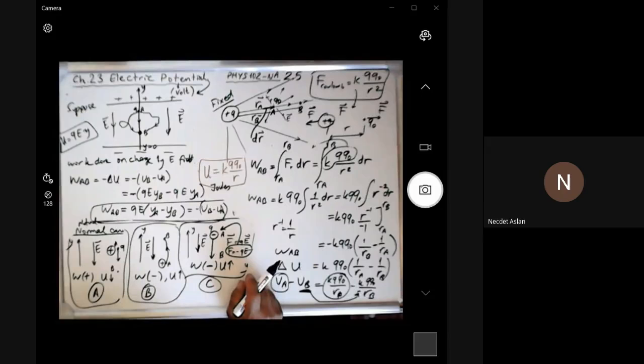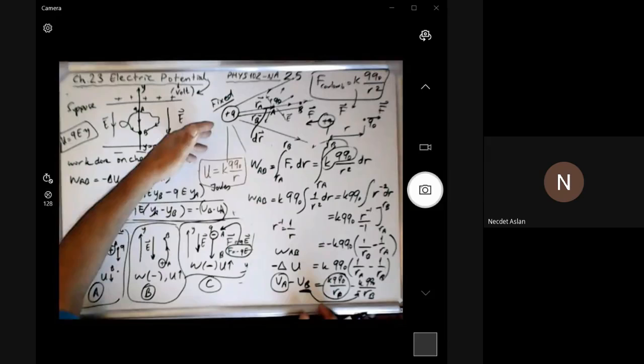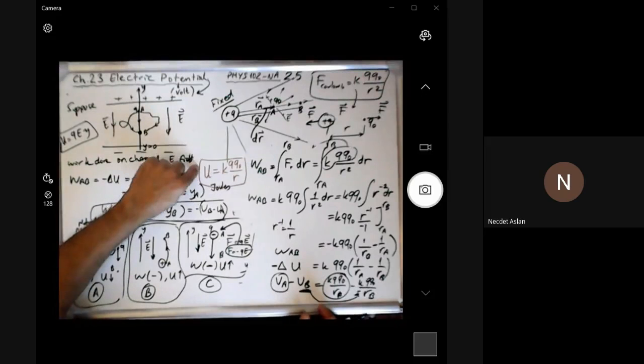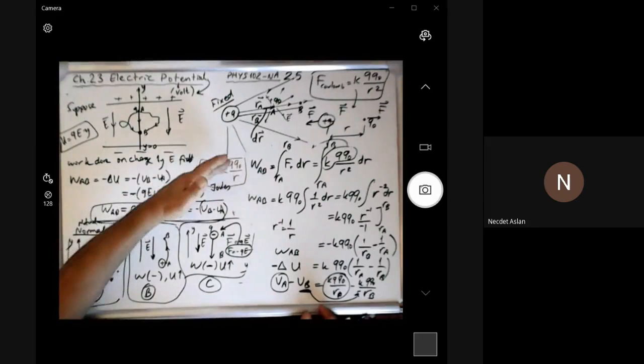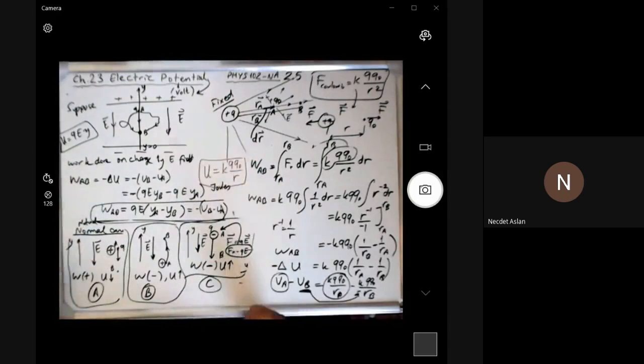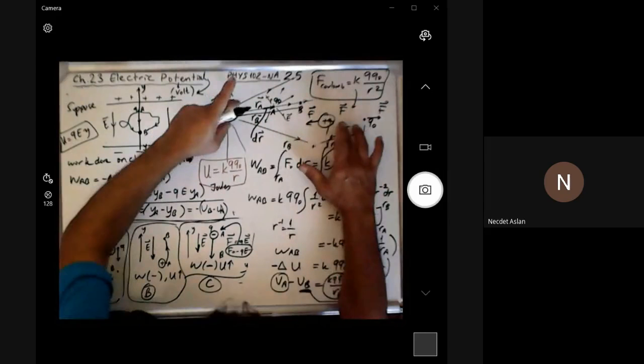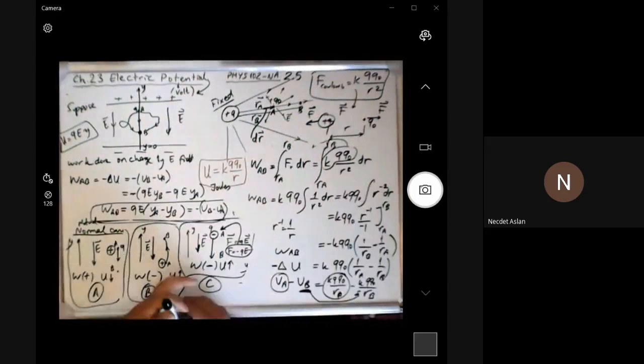Okay, so now we would like to consider a few charges together. If we can calculate the potential energy between two charges by just measuring the distance between them, then we can put a few charges together and measure the total potential energy, as long as they are fixed. Once the charges start moving, the problem is more complicated.